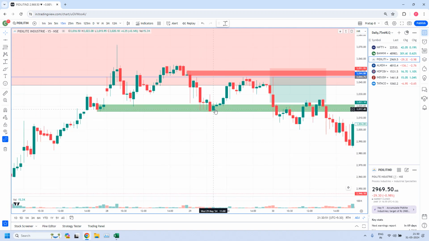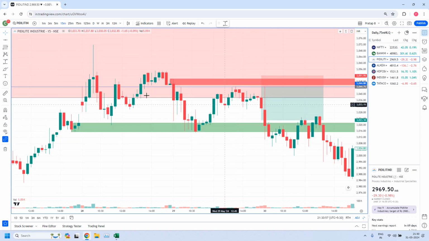See, between this rally base rally and the one I have drawn, there is not much difference. But anyway, I am telling you why I have given importance to this: it is the main origin for the 15 minutes. Remaining all are supportive, part of this. Because they are part of this, I have included them. Let us assume this entire zone is outside this high liquidity zone, then probably I would have given priority to this zone.